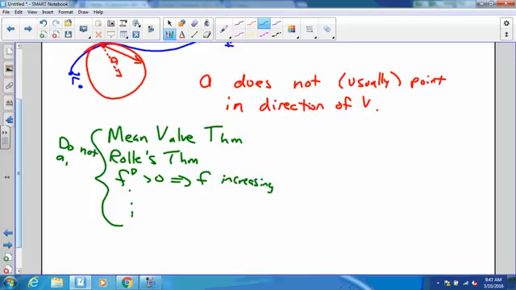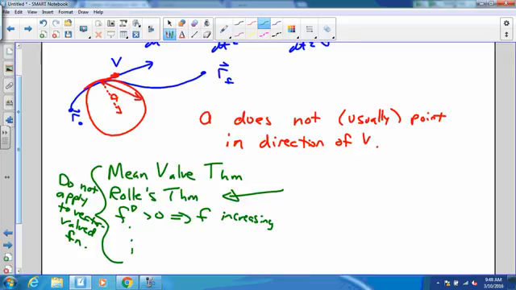All those theorems that we learned in Chapter 4, unfortunately, are not going to apply to vector valued functions. And the reason is fairly simple: all of them really come down to being able to connect local extrema to critical points.